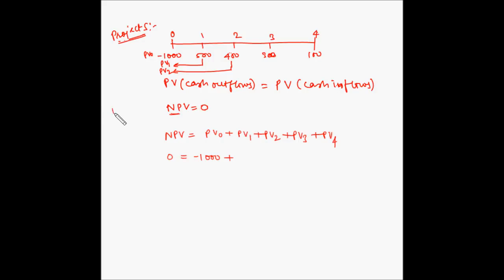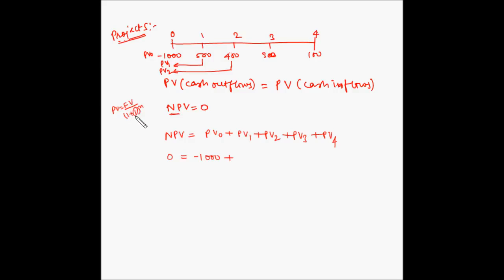Now we know that PV is equal to the future value divided by 1 plus i to the power n. n is the number of compounding periods. i is the rate of interest per compounding period.